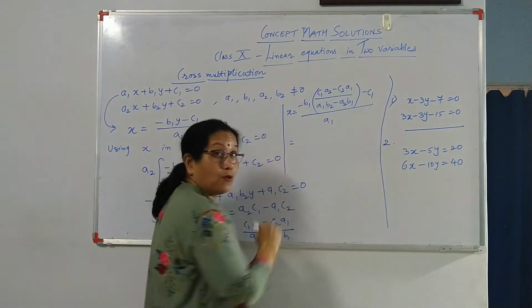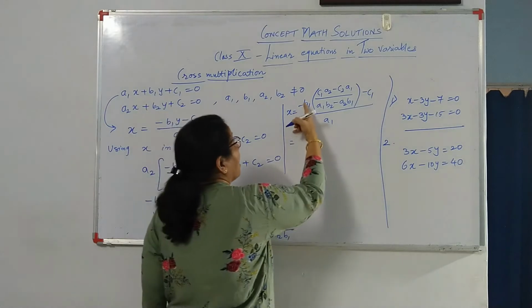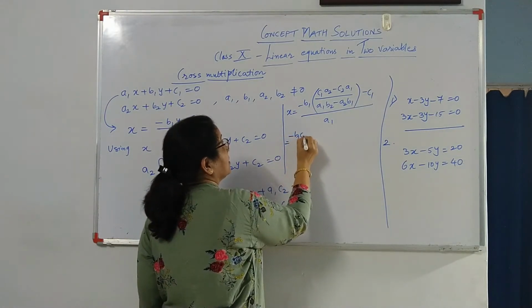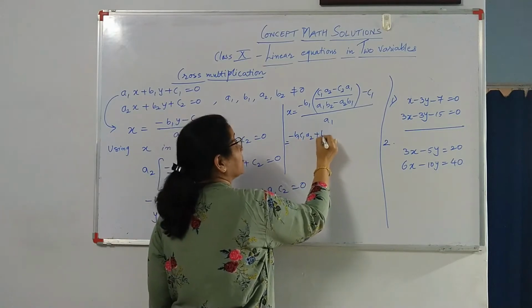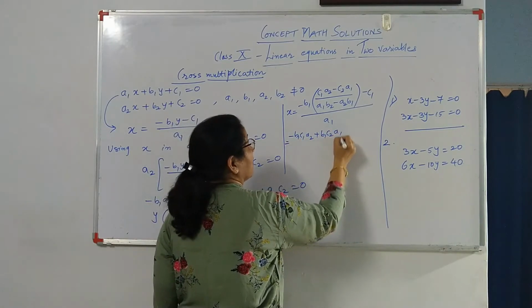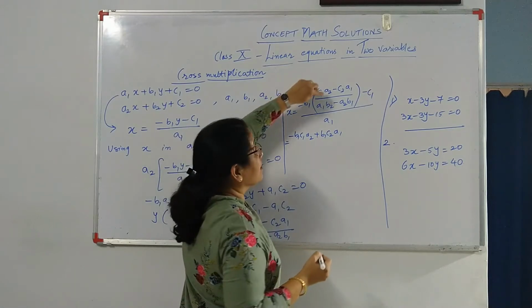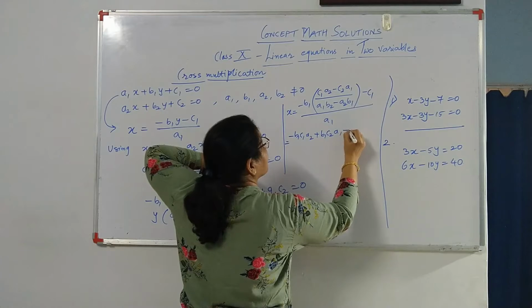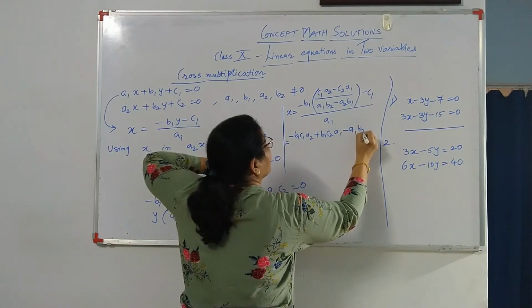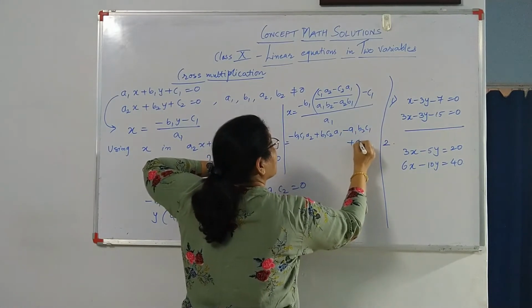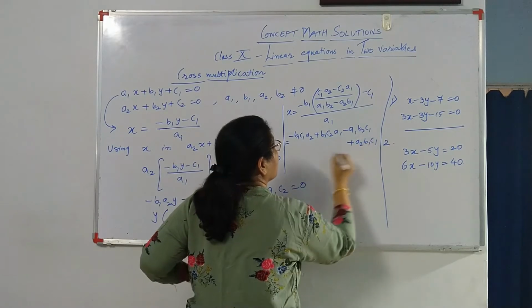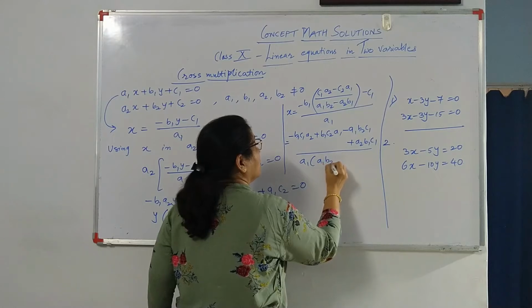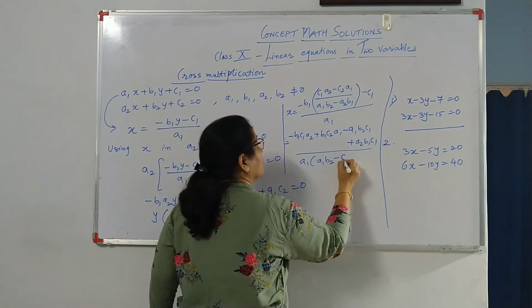Yes, now again I am going to take LCM. So I am going to multiply this also. So minus b1 c1 a2 plus b1 c2 a1. Right? Now, this goes here after LCM. So minus a1 b2 c1 plus a2 b1 c1 upon a1 into a1 b2 minus a2 b1.